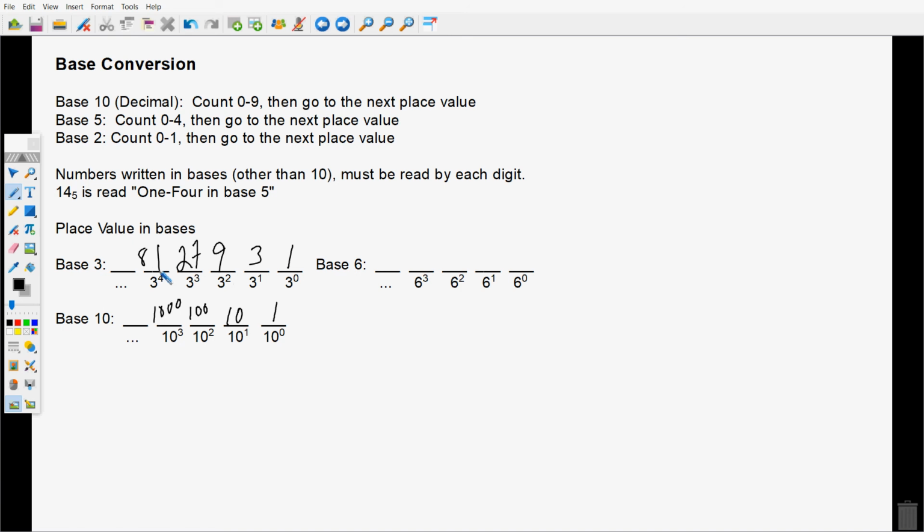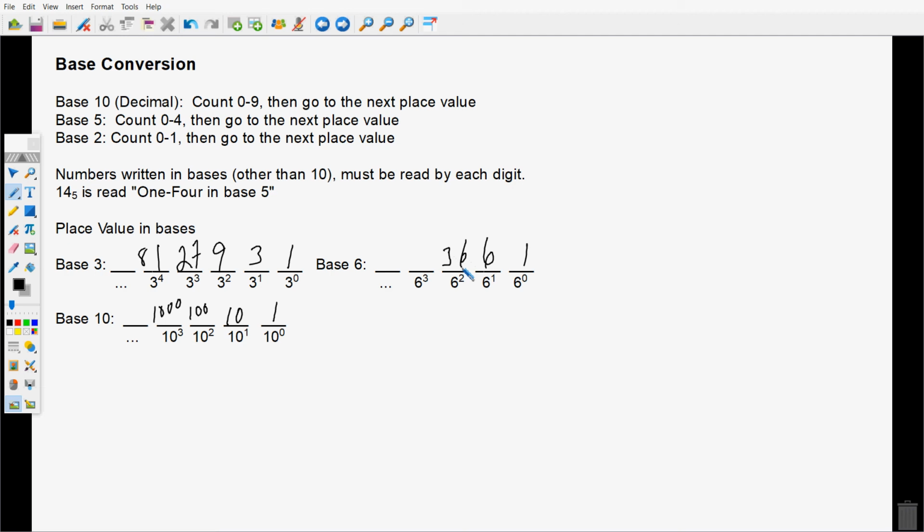For base 6, on the far right, it does have a 1's place. In fact, all of these always have a 1's place to begin. Then for base 6, 6 to the first power will give you 6. Then 6 squared is 36, and it continues onwards from there.